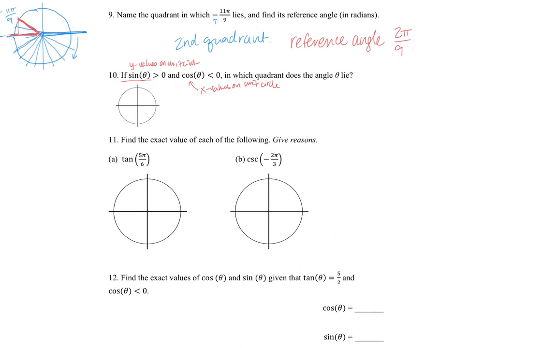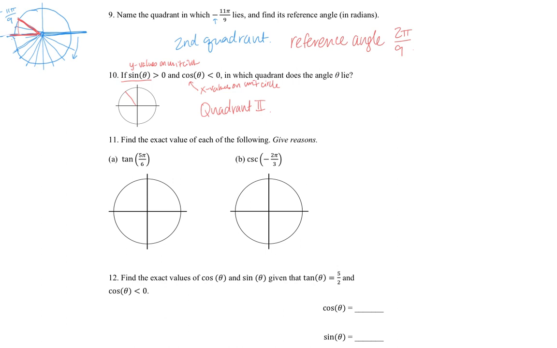So I have positive y values, but negative x values. So that'll be here in quadrant 2. So it'll be positive y values, meaning above the x-axis, but negative x values, meaning to the left of the y-axis. So that would be there in quadrant 2.